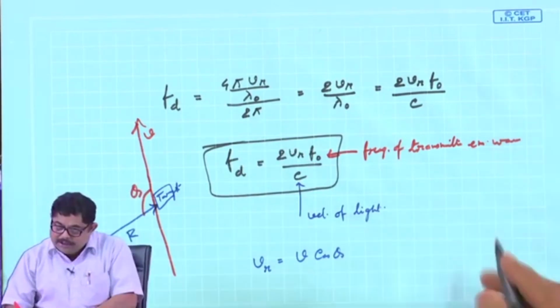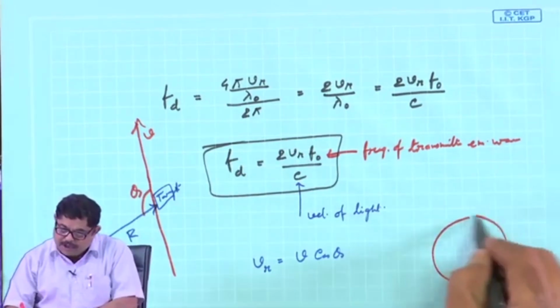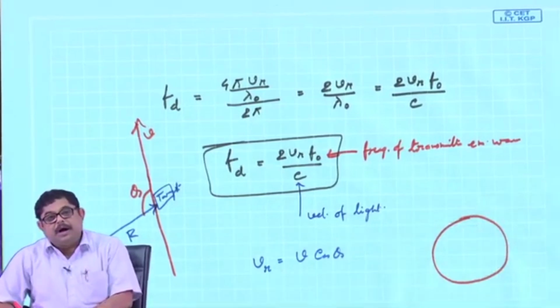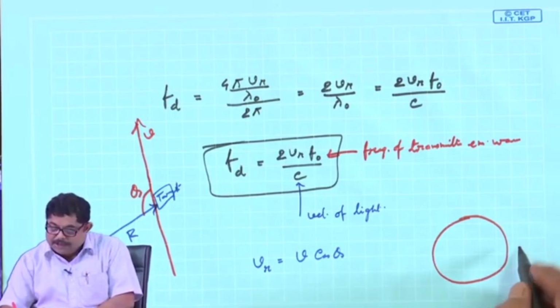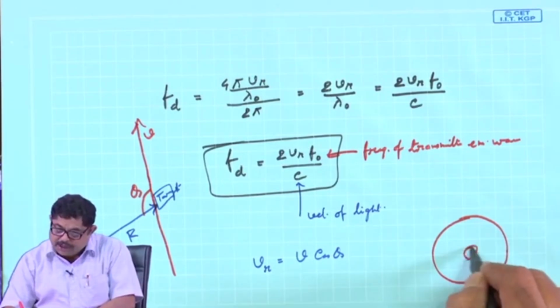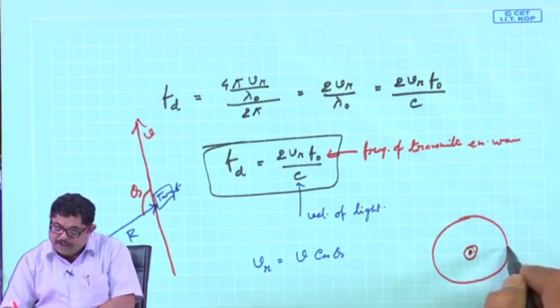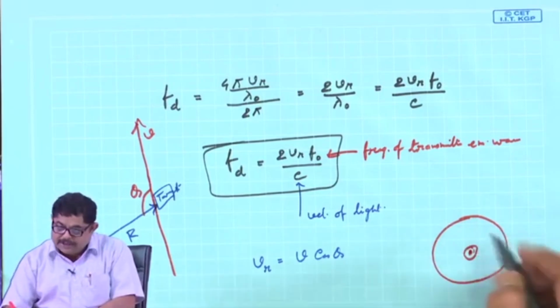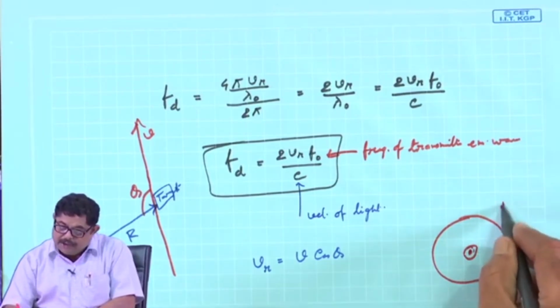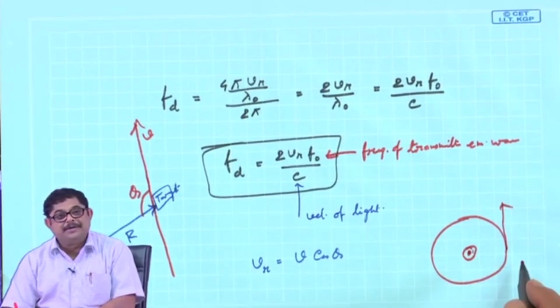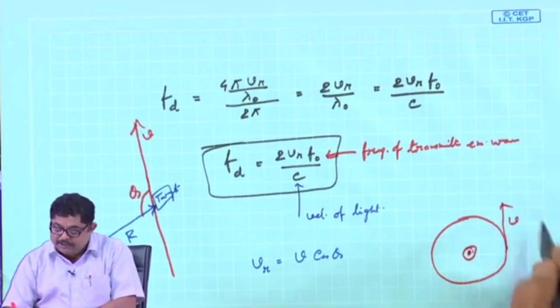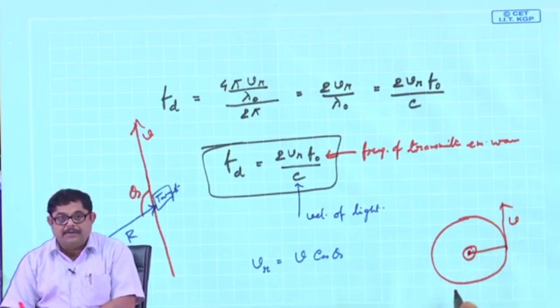That means if suppose you are on earth, and suppose this is earth, you are observing, and a satellite is moving. Now, here there is no Doppler, because this is the velocity vector, this is the radial vector, the projection is 0.